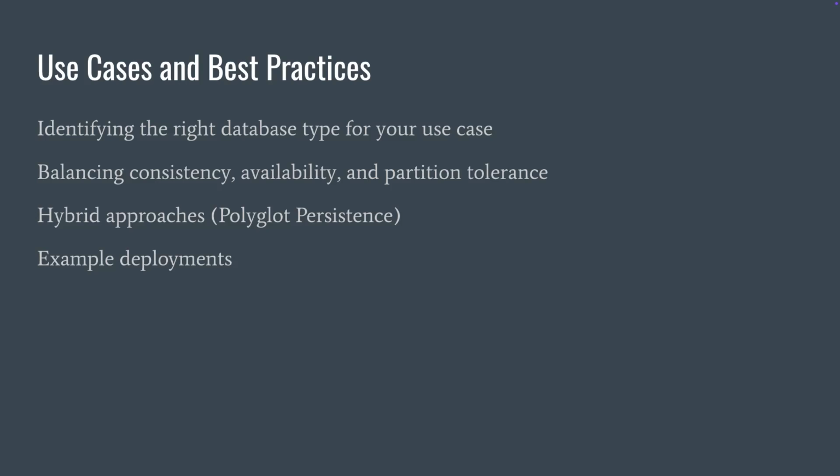So you want to identify the requirements of your application. First, you want to ask yourself, is your data mostly key value lookups? And if that's the case, a key value store might be simplest and also fastest.